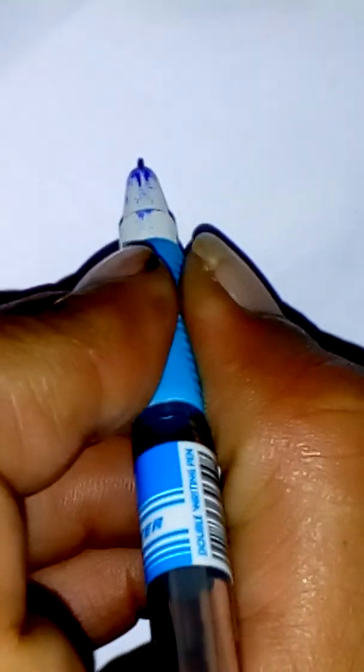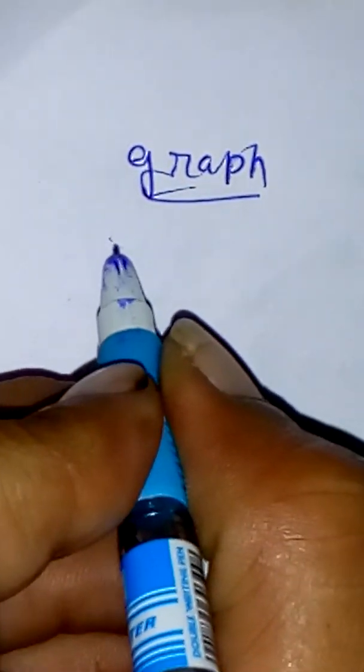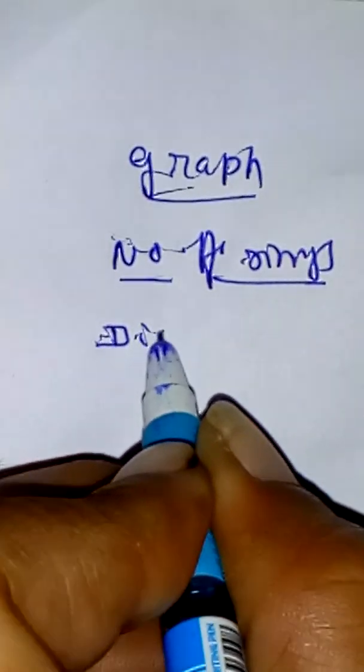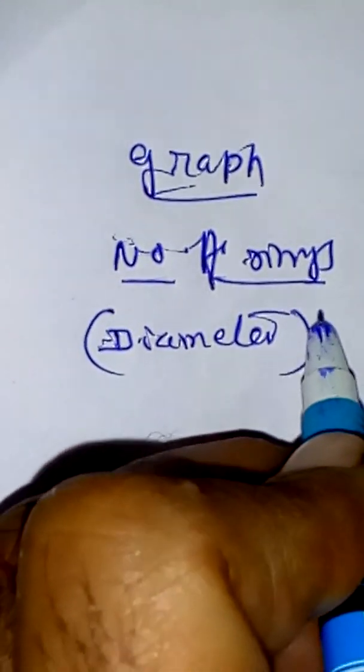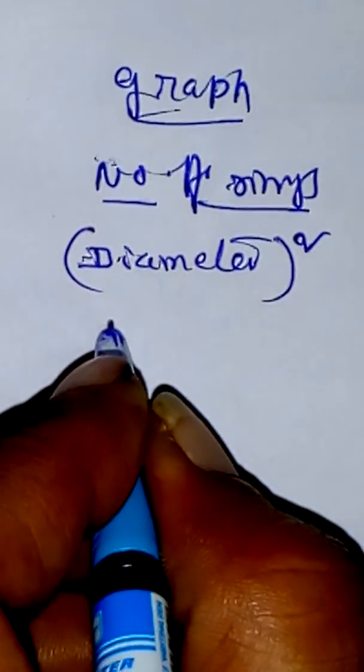What graph do we mean here? On one side, we have the number of rings. On the other side, we have the difference of readings, which gives the diameter, so we will take the diameter square.